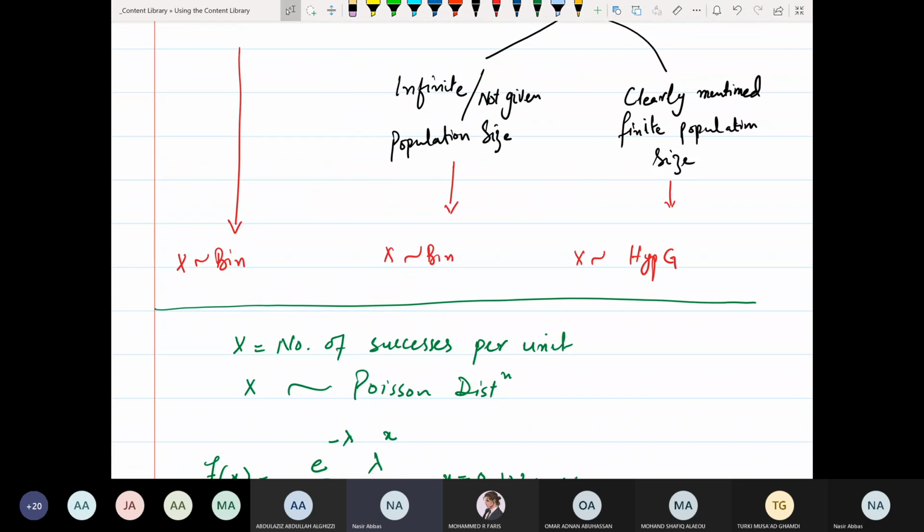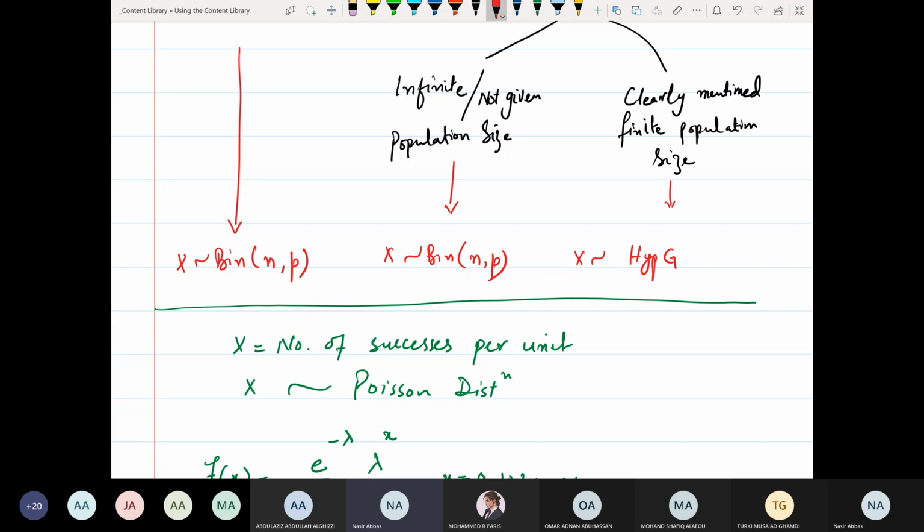That is, when you knew X is binomial distribution, you used to look for two things in the question, n and p. These two values are called parameters of binomial distribution and they come from the question.